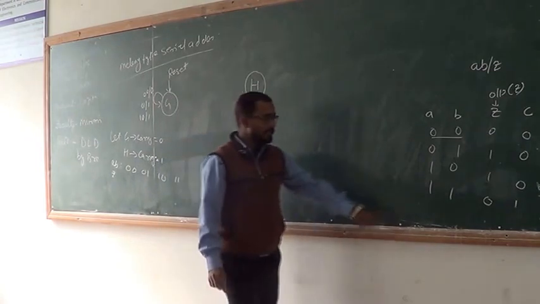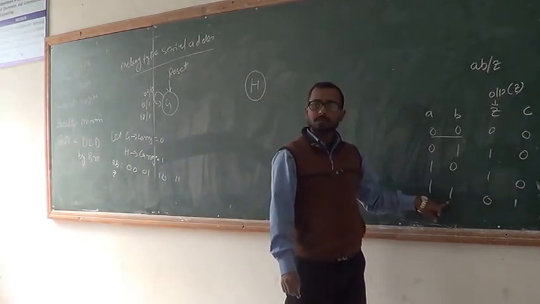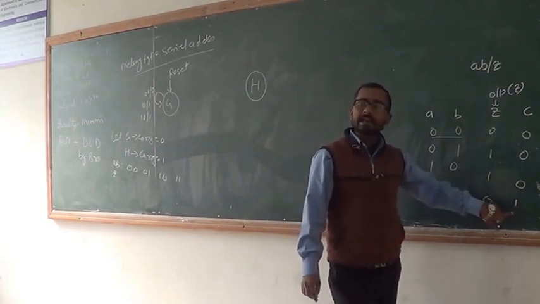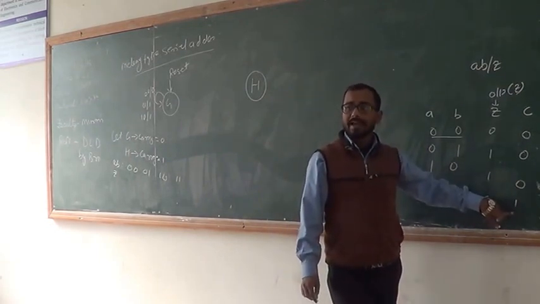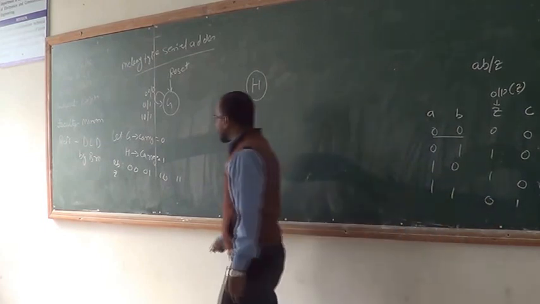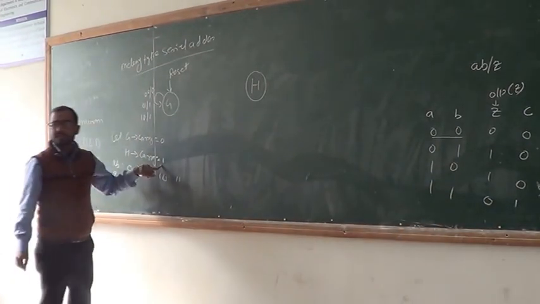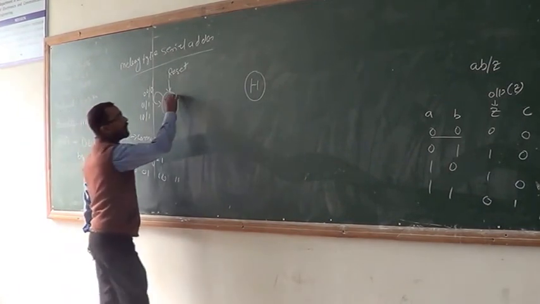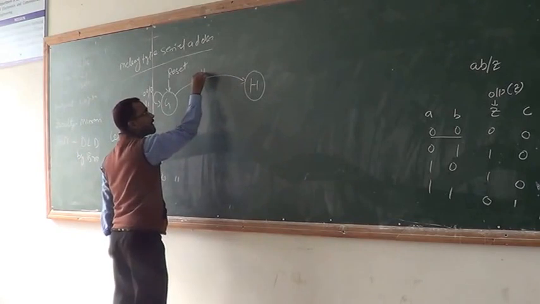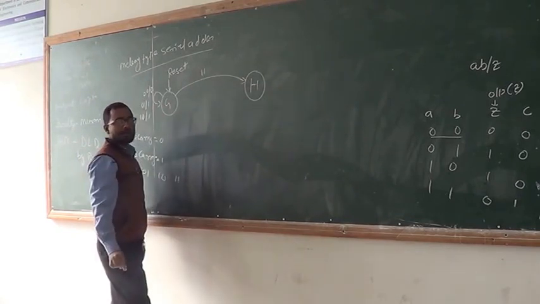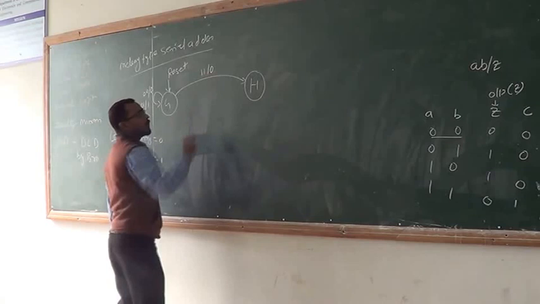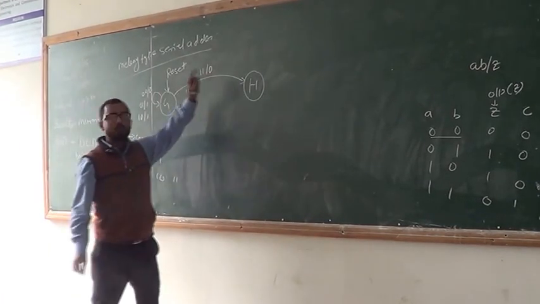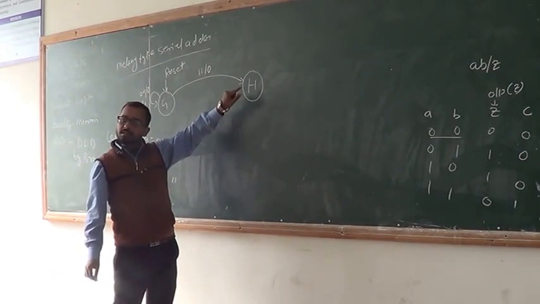Now the fourth case, 11 comes, then what will happen? When 11 comes, the output is 0 but carry is 1. Now the carry is 1. The state containing carry 1 is what we consider H. Therefore when 11 comes, the output is 0, but we transit Z to H. Why do we transit to H?